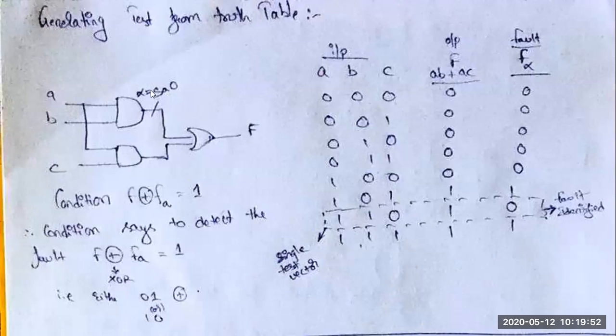If it is stuck at 0, you'll be applying a 1 here. If this is 1, you'll be justifying what the input is. To get the output 1, you'll be giving the input 1 1, so that you'll be getting a 1. So when I have a stuck at 0 case, I'll be applying the reverse logic with 1 as input, and this 1 will be justified based on the input vector itself.